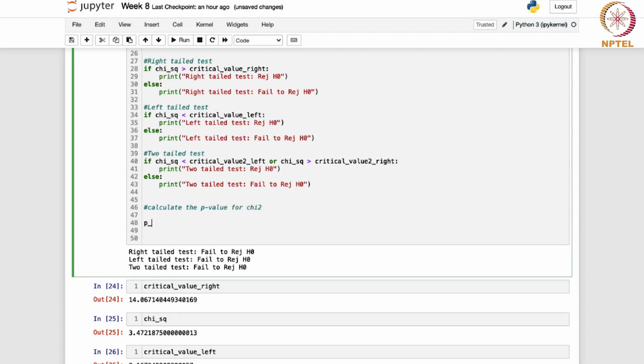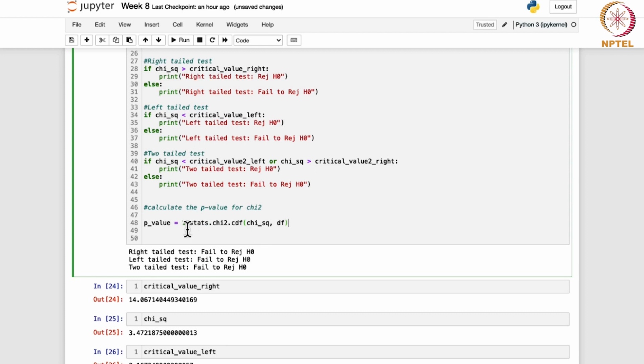So p-value is 1 minus stats.chi2.cdf, because here we are working with the chi-square distribution. Here you will write the chi-squared value and the degrees of freedom. So first of all, it will compute the CDF for this chi-squared value that you have obtained here.